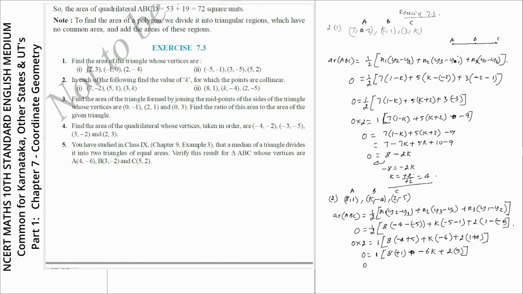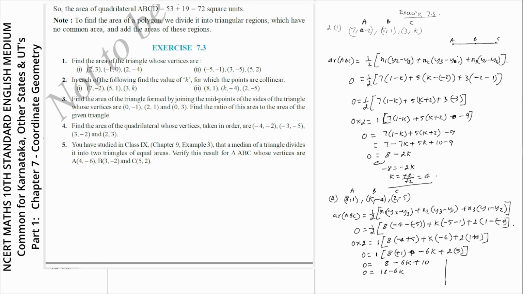Now again 0 is equal to, so 1 into this thing is same, so I'll get, now here 8 into 1 is 8 minus 6k, 2 5s are 10 plus 10. Okay, now 8 plus 10 is 18, so 18 minus 6k is equal to 0.